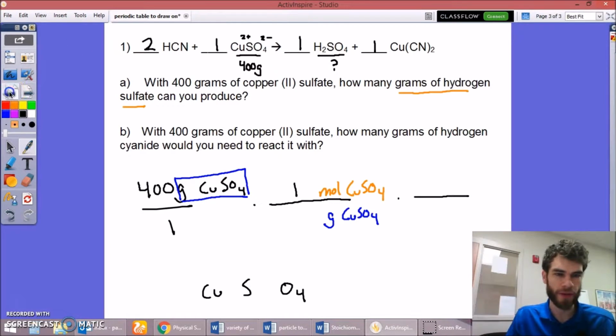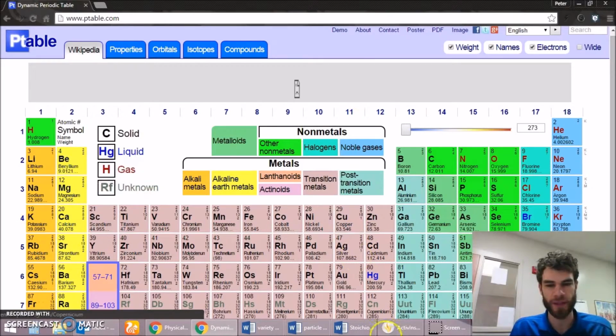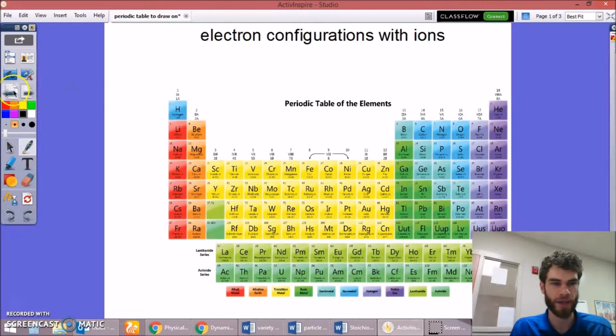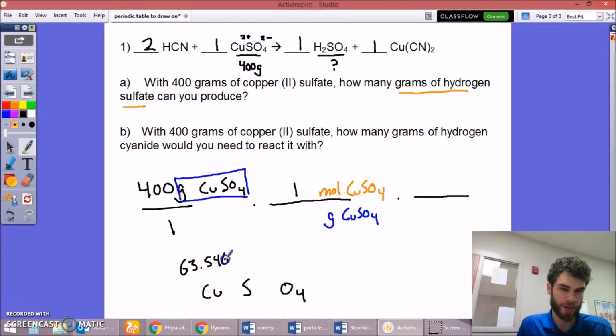So let's go back to our periodic table. Where's copper? There's copper. We see that the average mass, or in our case the molar mass, is 63.546. So let's write that down. For copper, 63.546 grams per mole of copper.